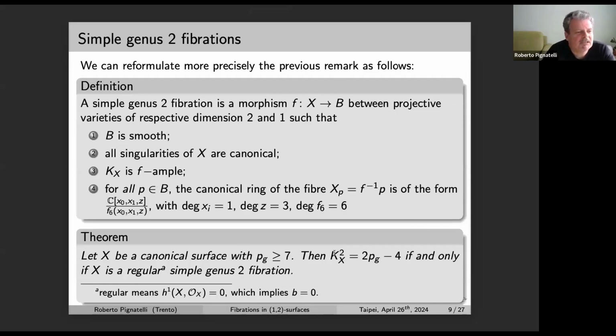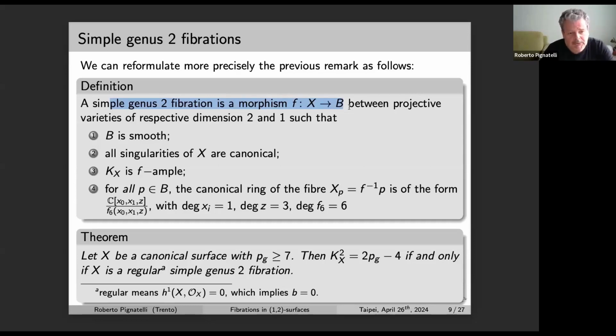And so I essentially reformulated this in this little remark, a definition I essentially invented for this talk. I can say the following. I can call a simple genus 2 fibration: I say a genus 2 fibration is simple if I don't have any two disconnected fibers. So let me reformulate this definition in a slightly more complicated way. A simple genus 2 fibration is a morphism f from X to B between projective varieties of respective dimension 2 and 1, so a surface onto a curve.